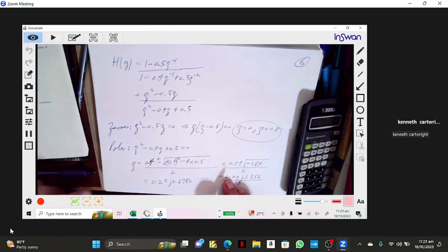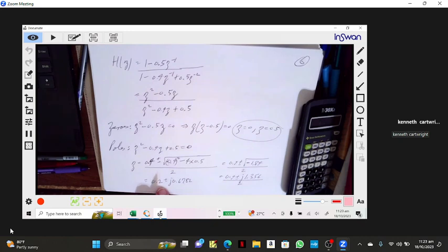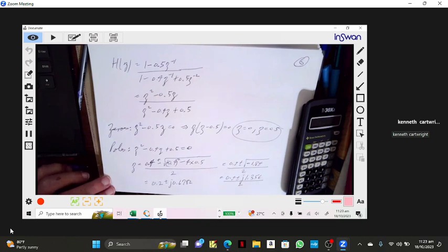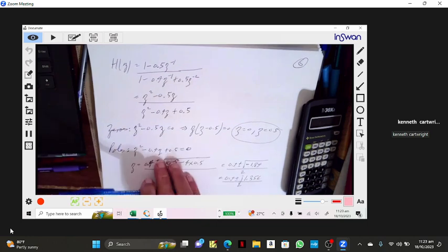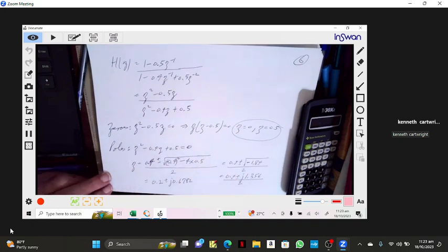So is this system stable? Is this transfer function stable? How do I tell, folks? I just gave you the info a couple of minutes ago.